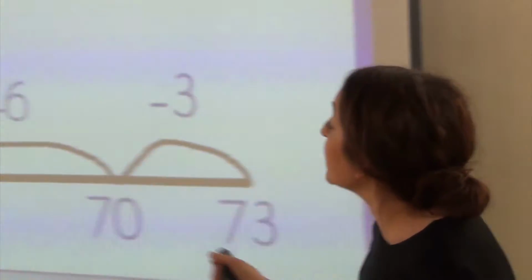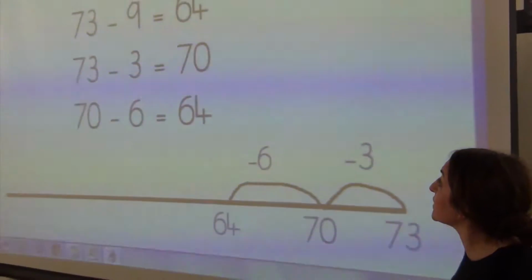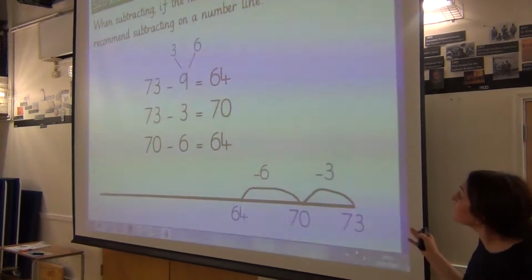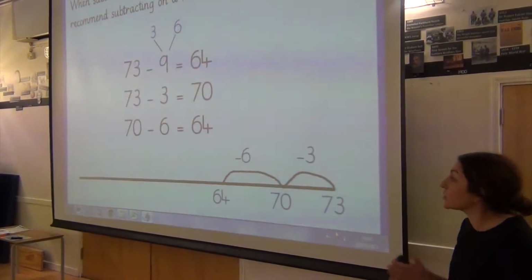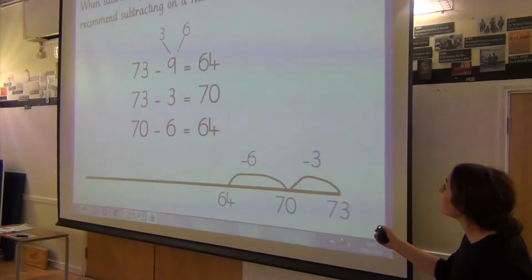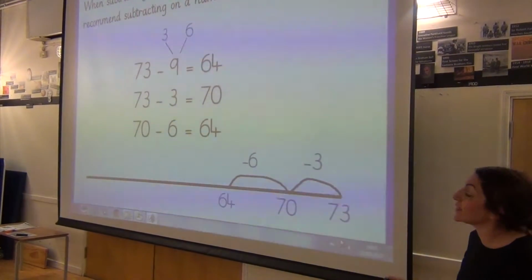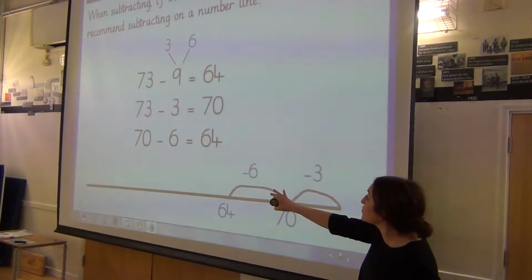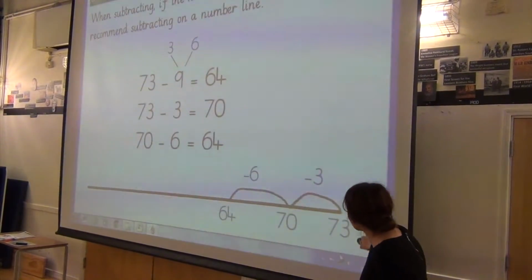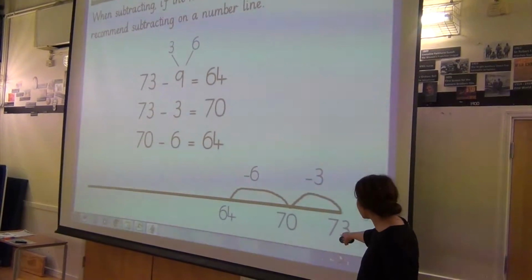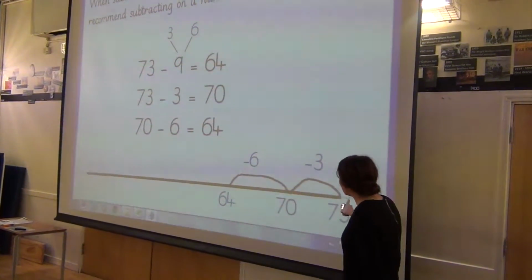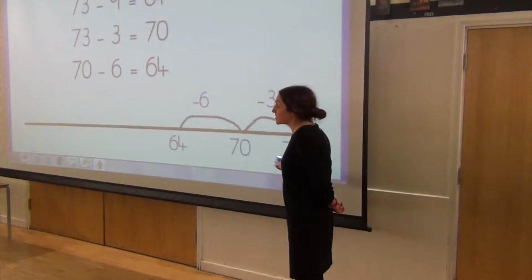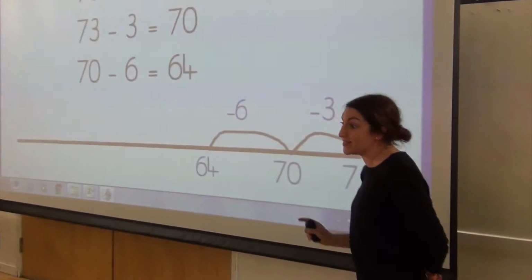Okay, now when we're subtracting a 1-digit number, so taking away a 1-digit number from a 2-digit number, the method that we've taught them is using a number line, an empty number line. So if we were looking at 73 take away 9, we would ask them to put 73 this side on the number line, and then we would ask them to take away until they jumped back to a friendly 10.